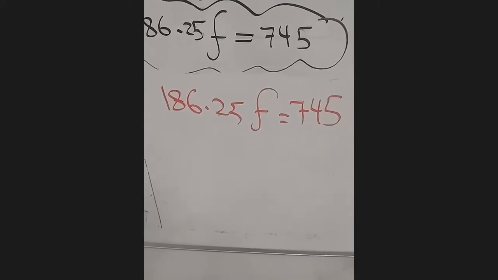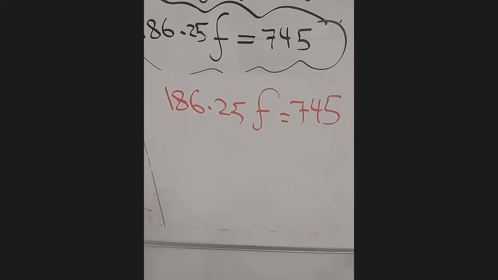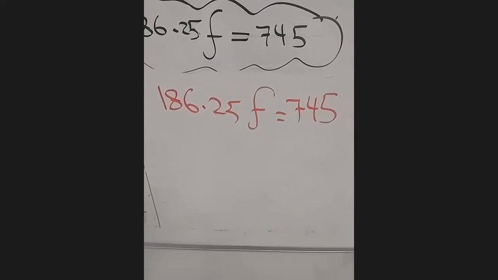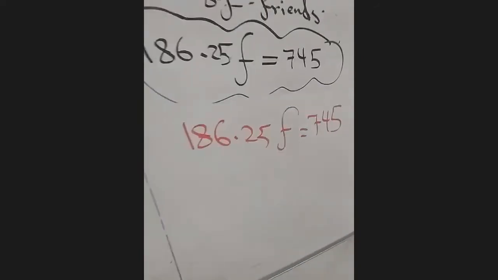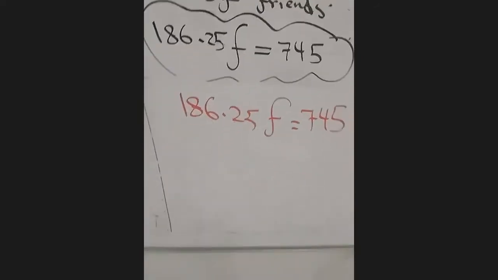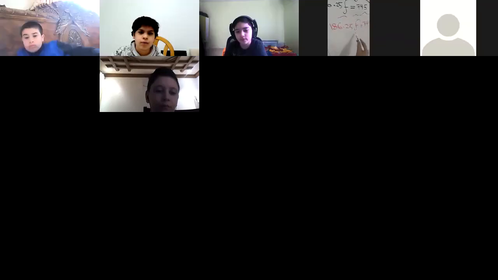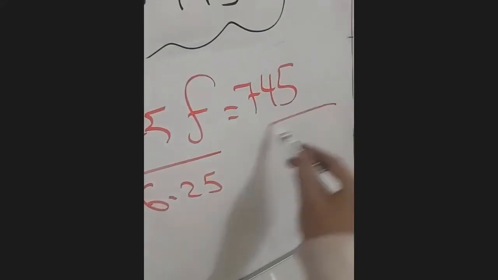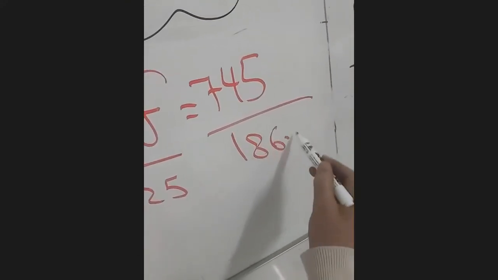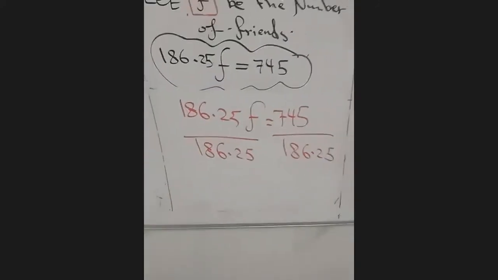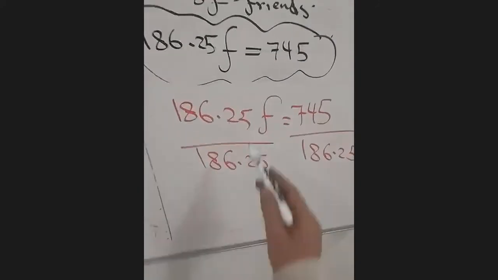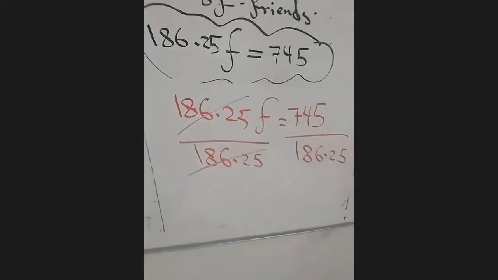We write 186.25 under it, like a fraction. It means divide. Don't forget that. So we will divide both sides by what? By 186.25, the coefficient. And here also 186.25, right? Yes.